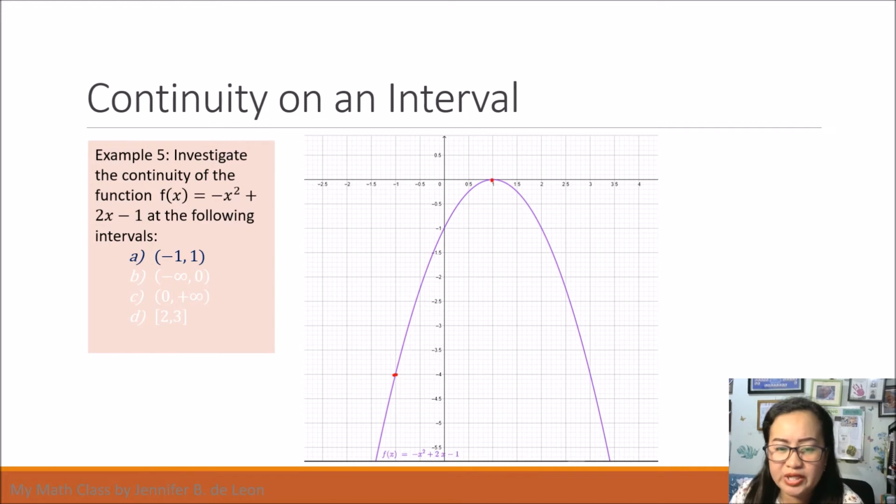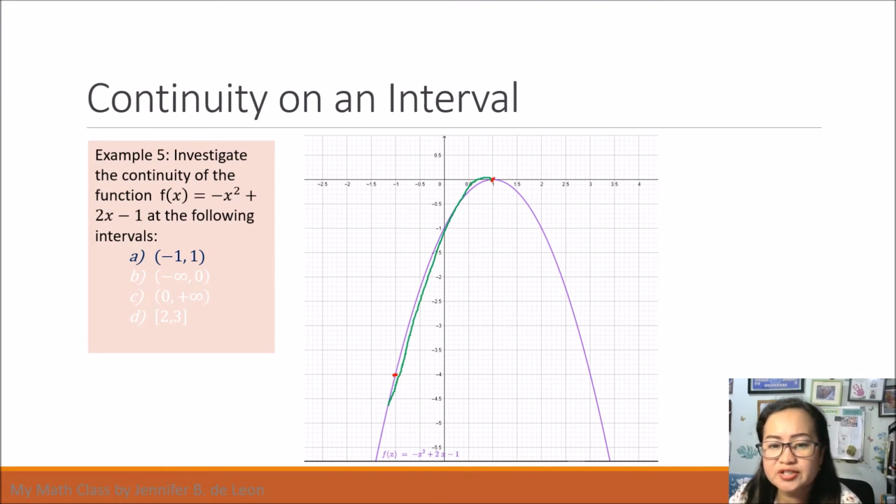So we evaluate whether the function is continuous from the left side of +1. That means we will trace the function up to 1. We see that the graph is continuous from the left of +1.